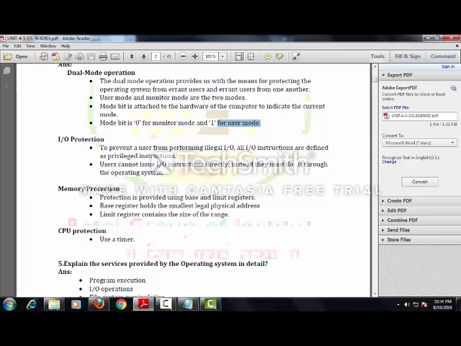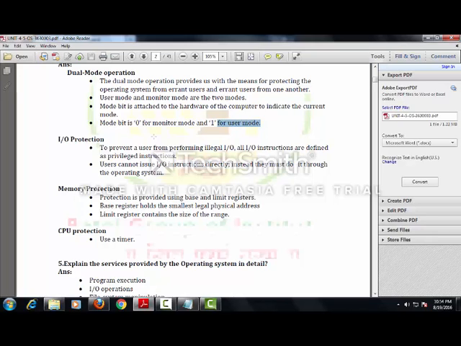Second is input output protection. This kind of protection is for restricting or preventing users from performing illegal input output operations. You can use the keyboard or mouse for inputting, but you cannot give wrong keyboard input or wrong clicking. So this kind of illegal instruction should be protected by the operating system.